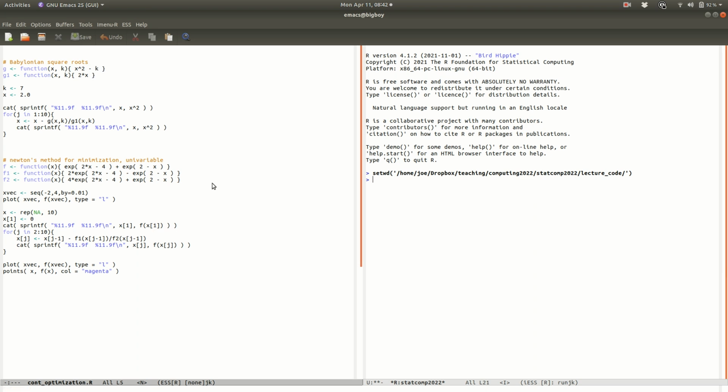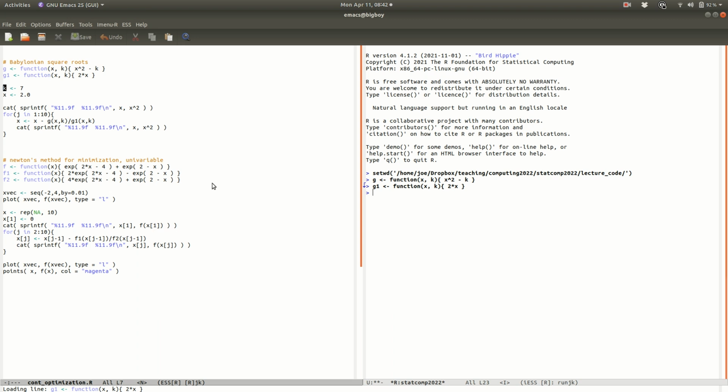And then g prime, which I'm writing as g1, is just 2 times x. Remember that if you don't include a return statement, the function is going to just return the last thing that's evaluated. So here the function is just going to return x squared minus k. Okay, so let me define those two functions.